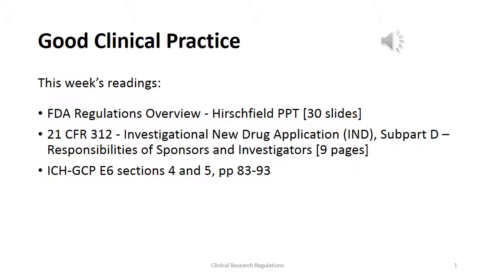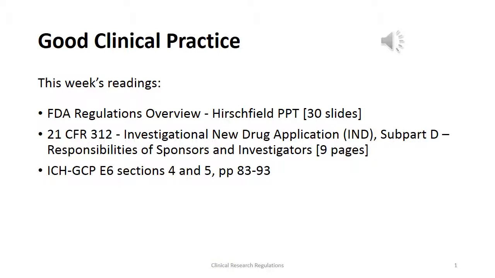The difference between these two, for those of you that aren't familiar with them, is that 21 CFR 312 are actually laws that are part of the federal code. Section 21 governs drugs, and specifically pharmaceutical drugs. And several parts or subparts of that code govern how we conduct clinical trials.